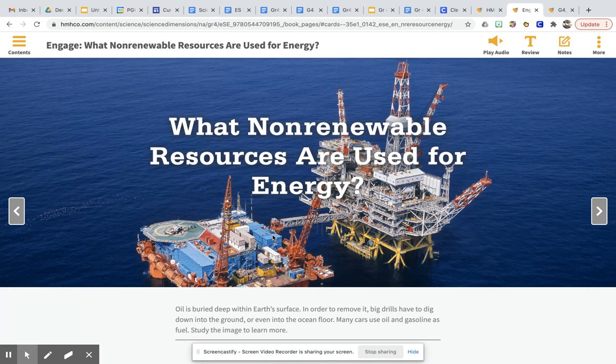Our heading for today says, what non-renewable resources are used for energy? And the caption of this picture says, oil is buried deep within Earth's surface. In order to remove it, big drills have to dig down into the ground or even into the ocean floor.